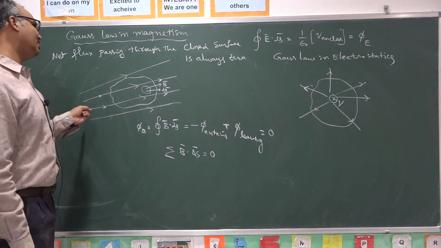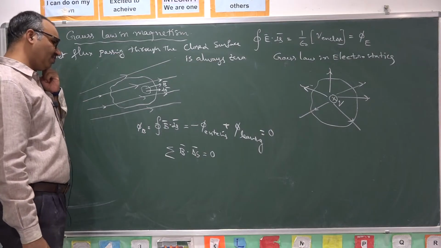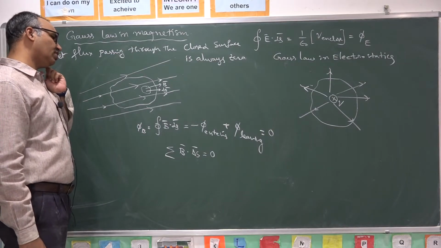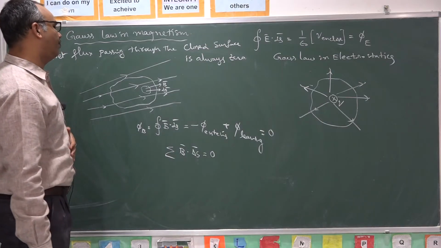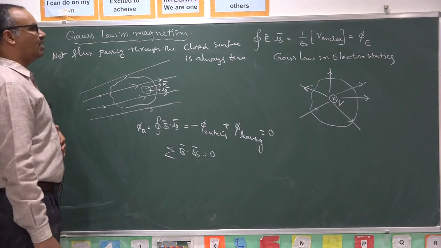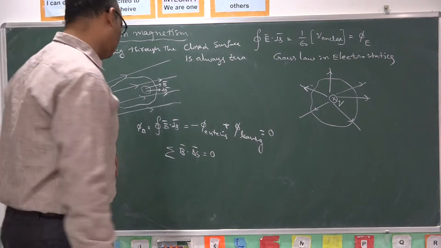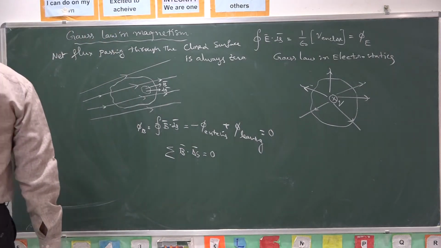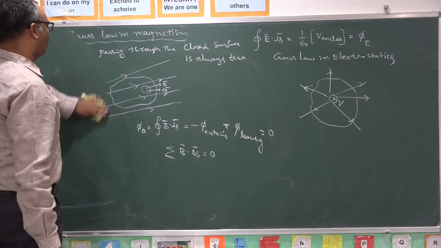So the flux that is entering into the surface must be equal to the flux that is leaving out of the surface. Hence net flux passing through the surface is always equal to 0. So this is the Gauss law in magnetism. Sometimes for solving some problems we require the concept, hence we learnt here.